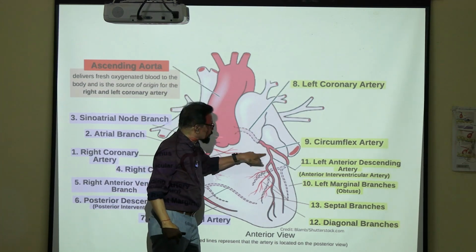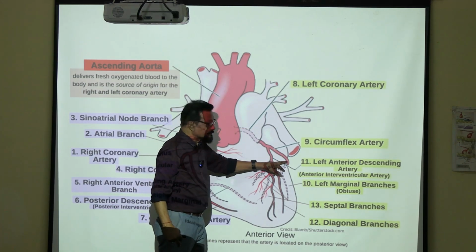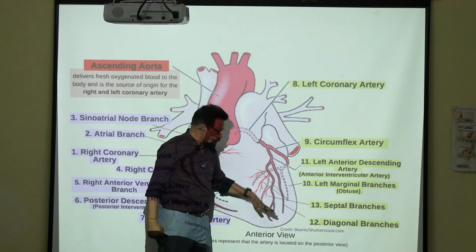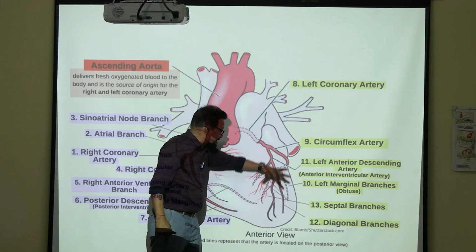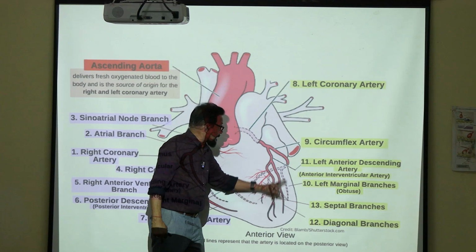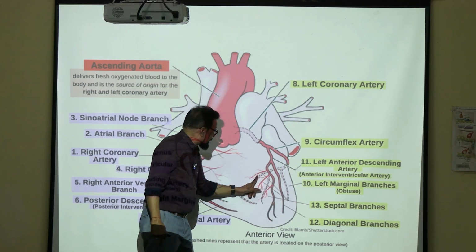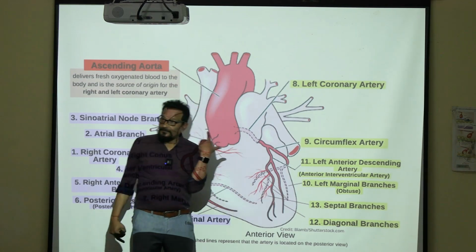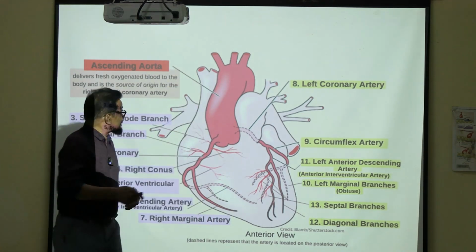Then it is producing two parts. One is going to the back, another is descending down towards the apex of the heart. This part is the left ventricle, so it is going to the left ventricle. Another part is mostly covering the left ventricle from the back. So what are the branches?